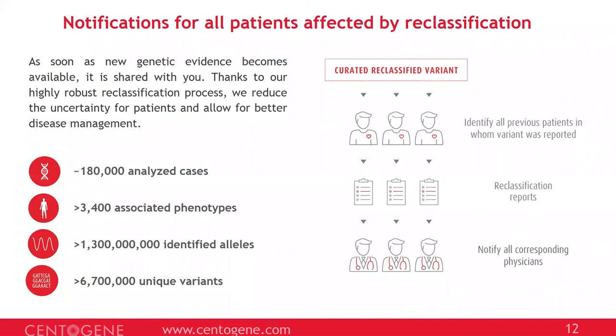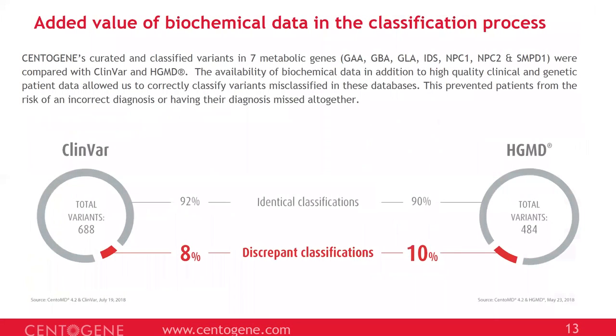Most of the variants were uncertain and reclassified based on new evidences, either to a higher or lower level. An added value to our classification and reclassification process is represented by in-house established biomarker and biochemical testing.